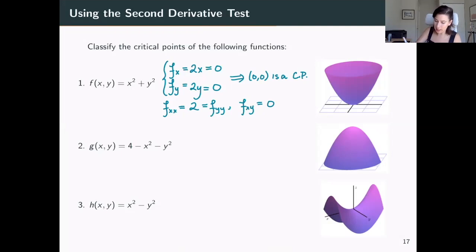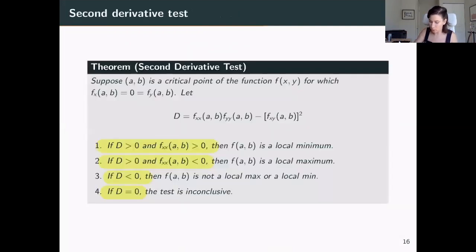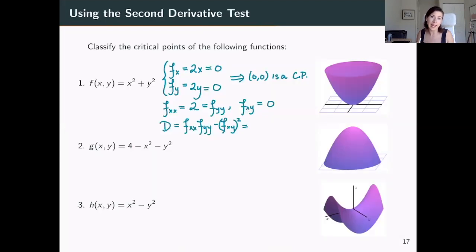And now we can evaluate that expression. D is going to be equal to fxx fyy minus fxy all squared. Technically this expression is defined for a particular value of (a, b), but here our second order partials are always constant, so we can just evaluate it normally. This will give me in total 4, which is bigger than 0.